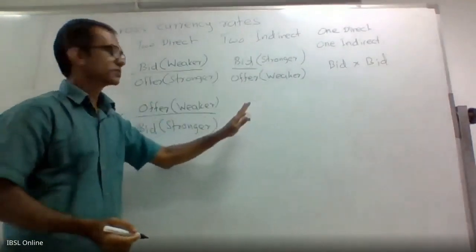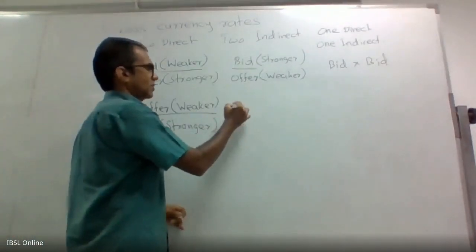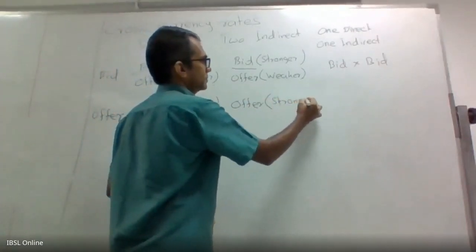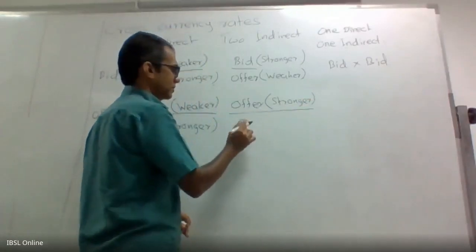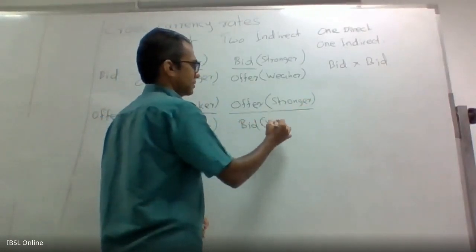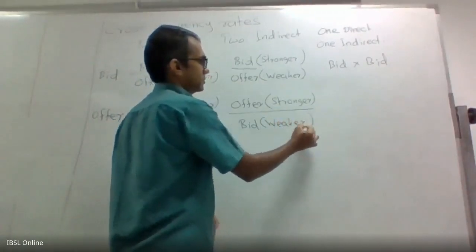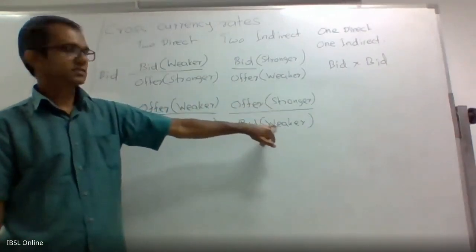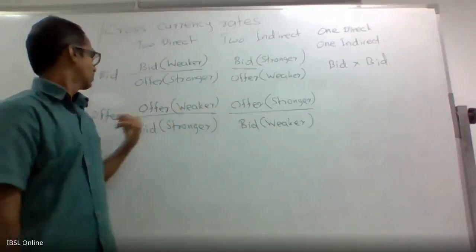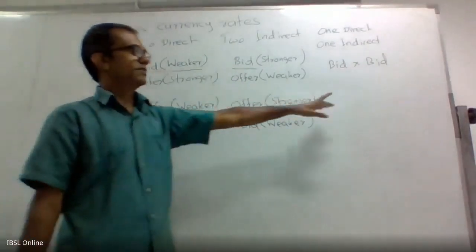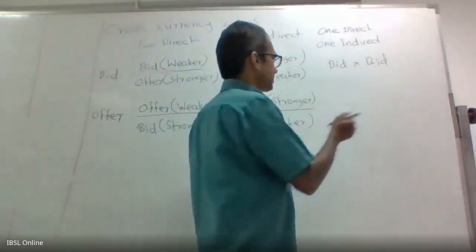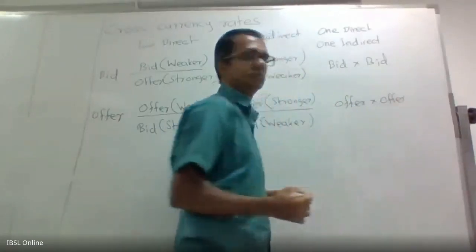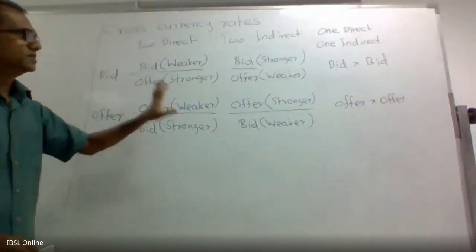When we have two indirect quotes, it is the offer of the stronger currency divided by the bid of the weaker currency. Stronger currency divided by weaker currency, but offer divided by bid to get the offer. When we have one direct quote and one indirect quote, again just multiplication of the offer prices.